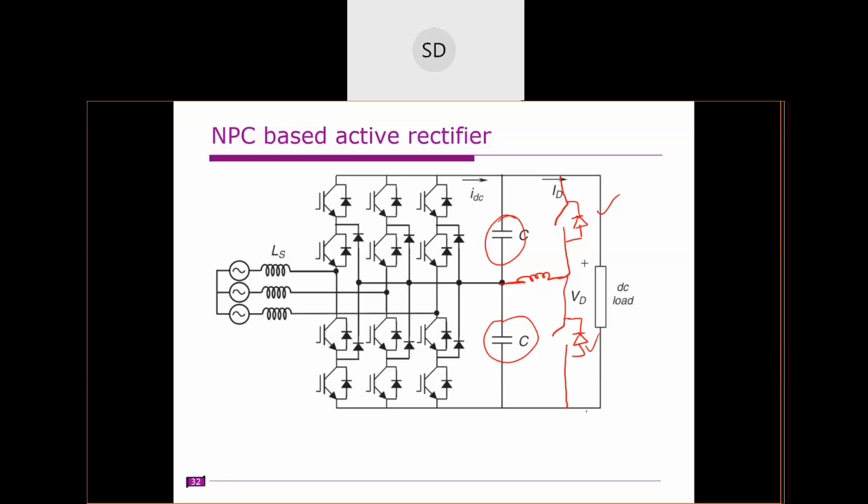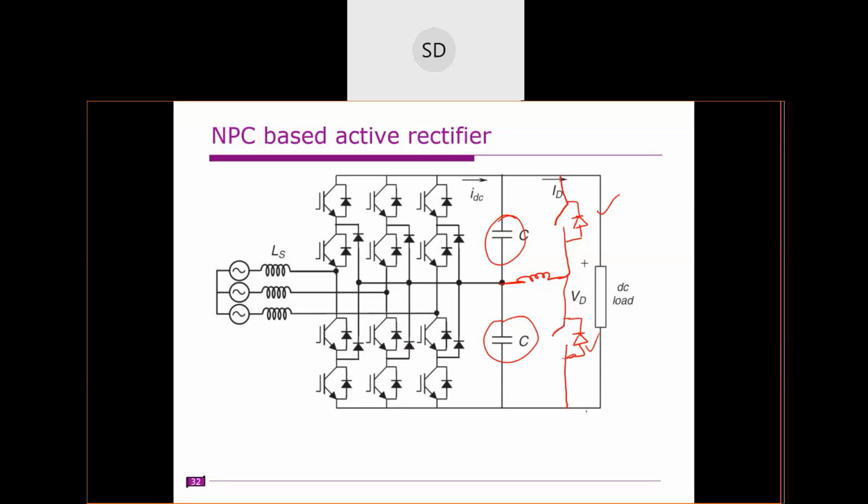We already discussed how to control these two switches, so that remains the same here. The switch firing signals for the upper and bottom additional switches, we already discussed in previous classes, that remains valid here also. The rest of the control is the same.